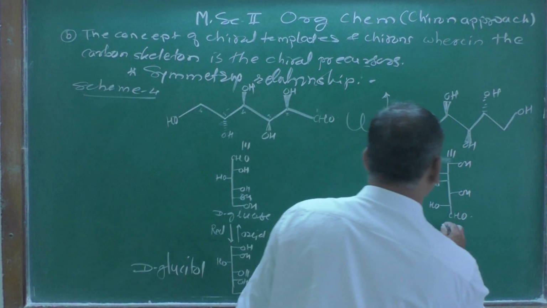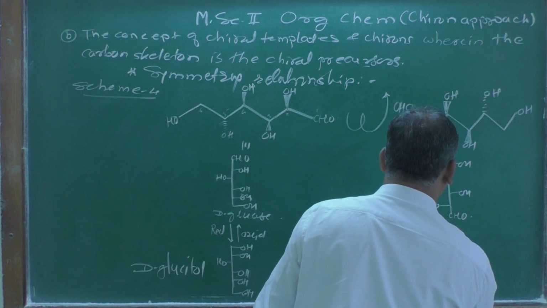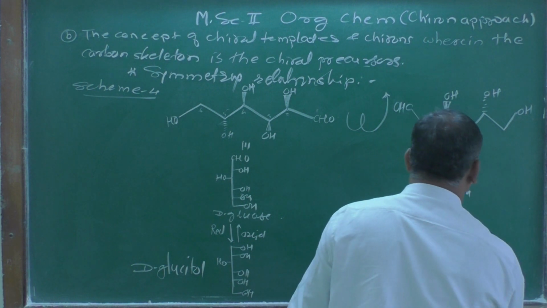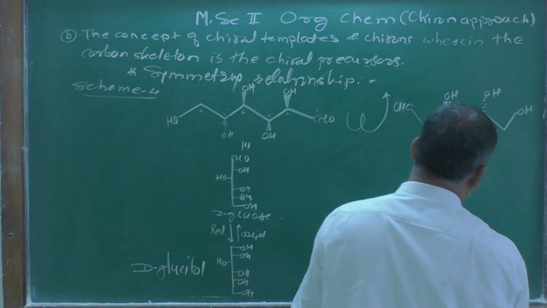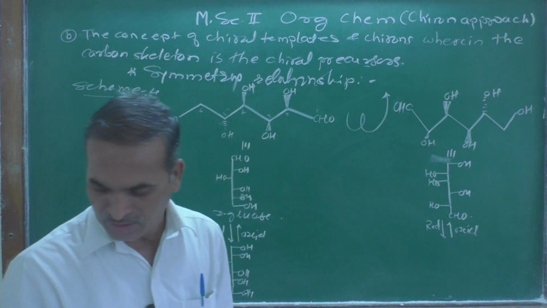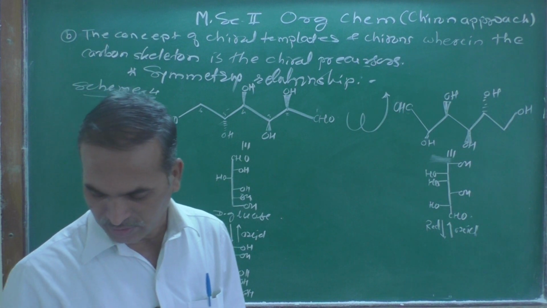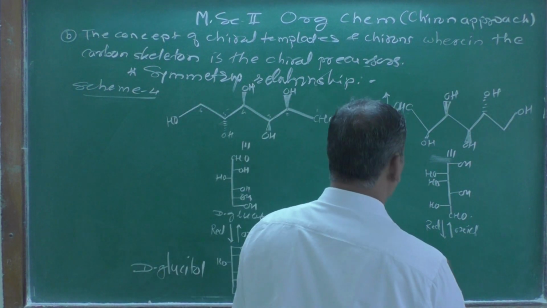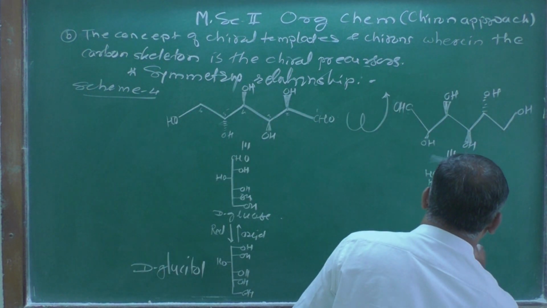Now do the reduction here. Reduction, and if you go this side, this is an oxidation. What do you get after doing this? So you will get L-glucitol here. How? Let us see here.